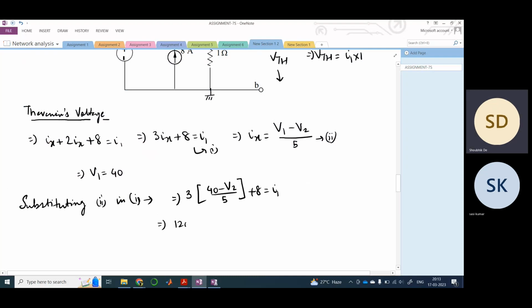So this is what: 120 minus 3V2 plus 40 equals 5I1.